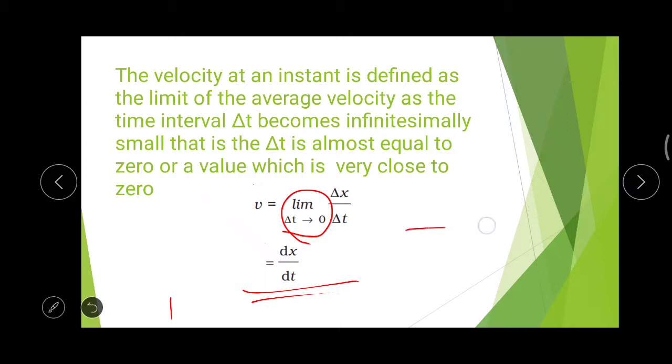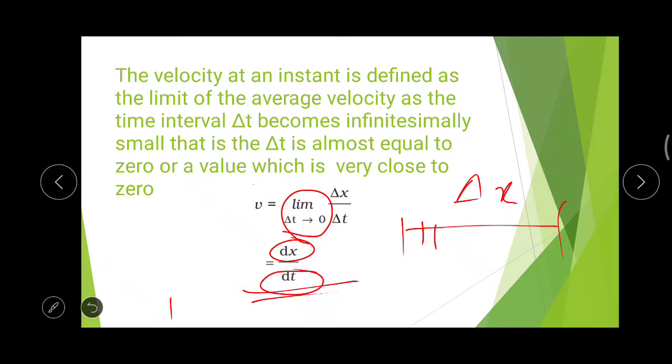Delta x means a large distance, x2 minus x1, whereas if you consider a very small distance, it is represented as dx, and such a very small time, almost equal to 0, is represented as dt.